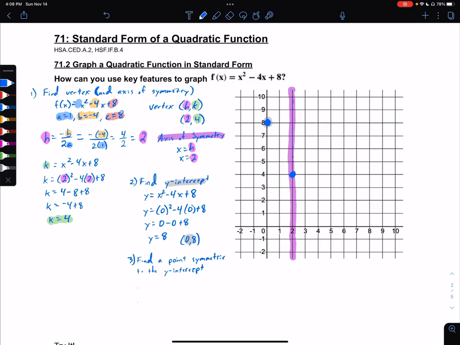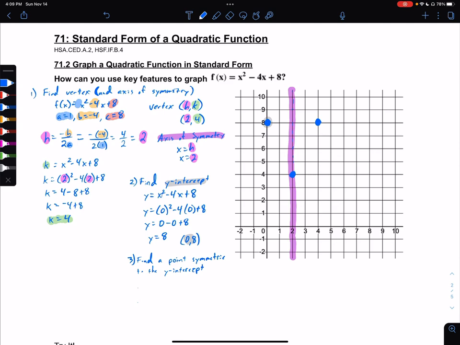And we just need to make sure that it's the same distance from the axis of symmetry. So since our y-intercept is 2 places away from the axis of symmetry, and it's on the left side, that symmetric point would be on the right side of our axis of symmetry, 2 points away. So we want the distance between these 2 points to be the same, right? Because that's what symmetric really means in this case.